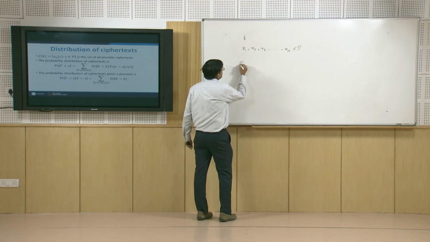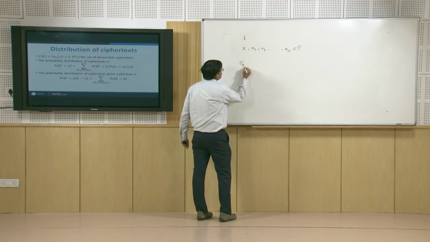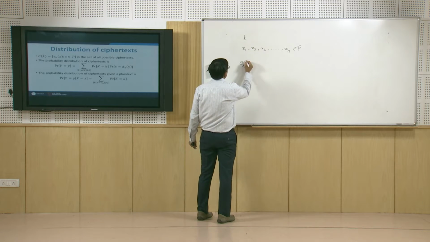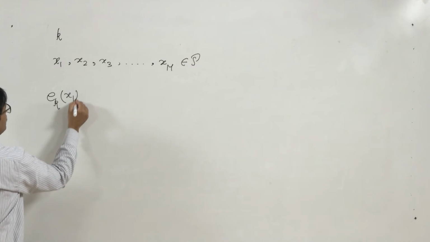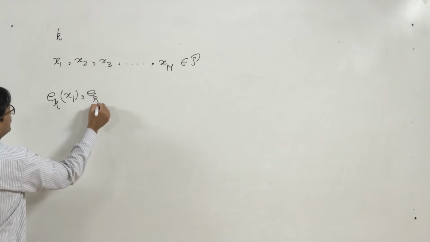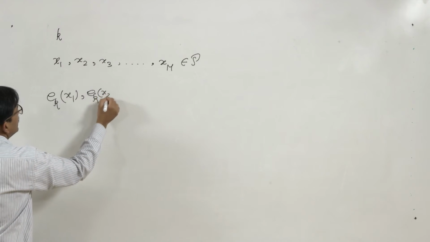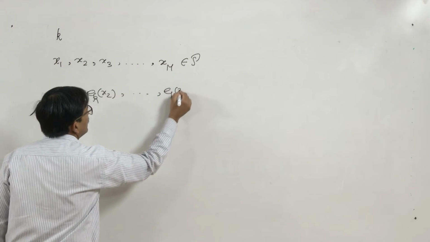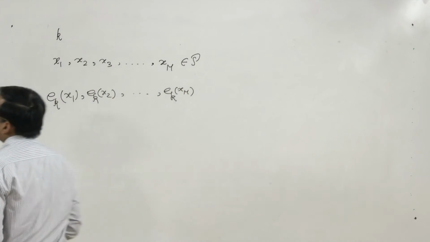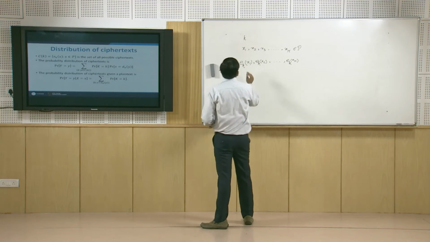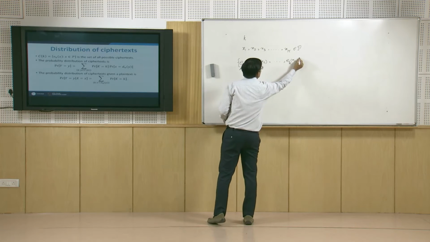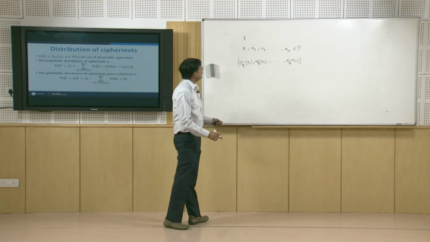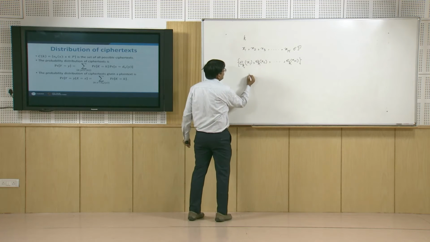So, we take the encryption function with respect to k of x1, E_k of x2 and so on up to E_k of xM, and then we put that within a set symbol, and this is going to be my set C_k.